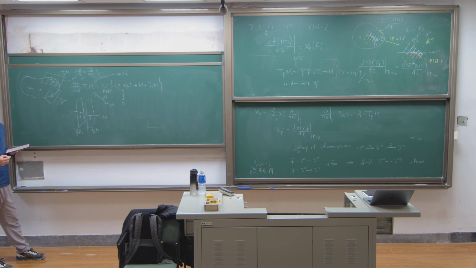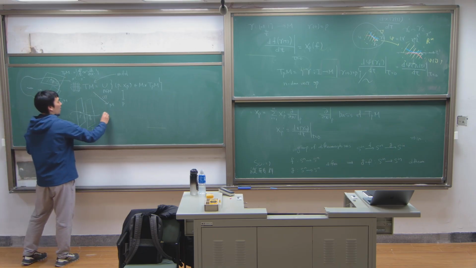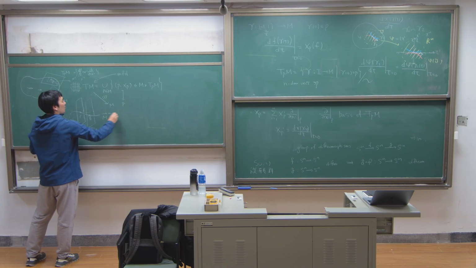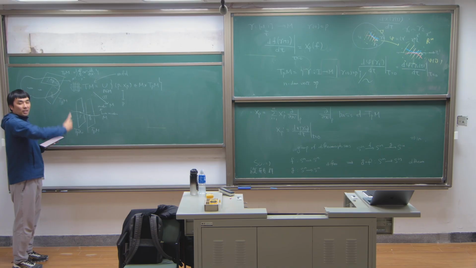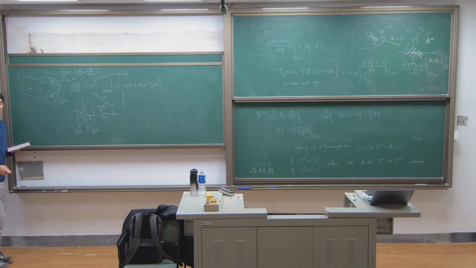One direction is n-dimensional, and this direction is n-dimensional because the fiber, the tangent space, is n-dimensional. So therefore, the dimension is what?